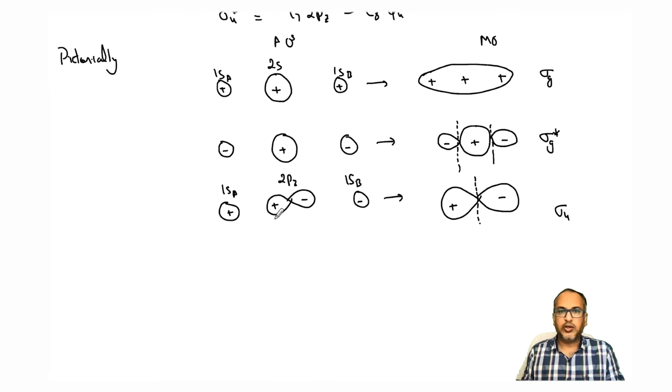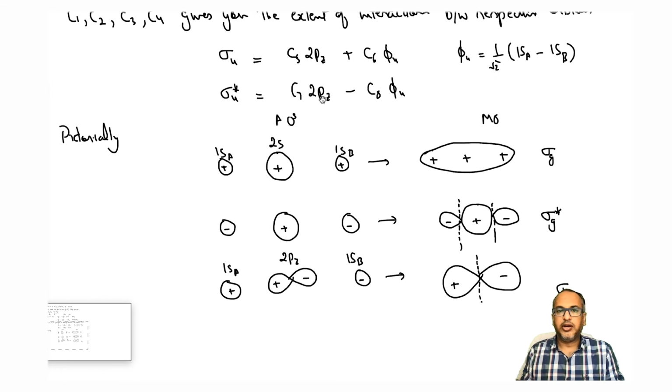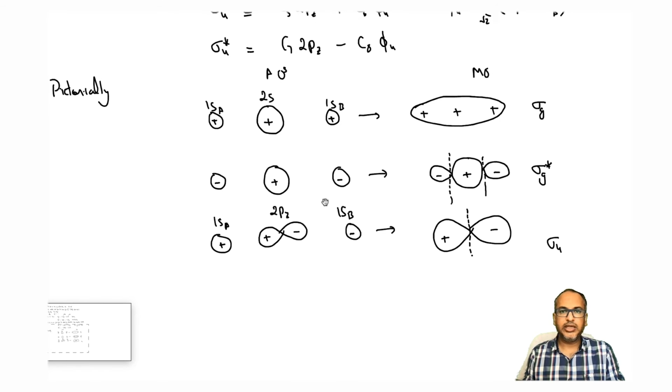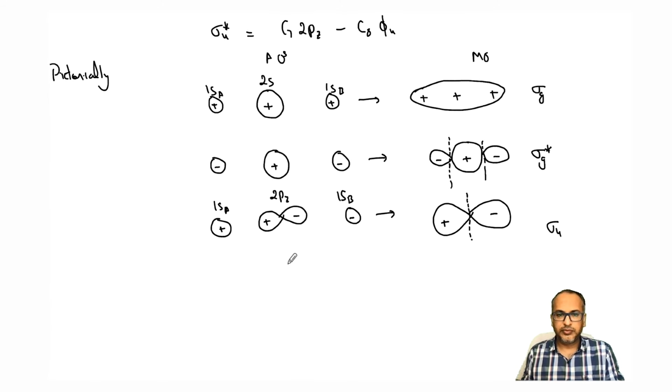All right. So now next one is sigma u star. So sigma u star, you see that 2pz remains the same, and then there is a negative sign for phi u. That means these two will go opposite in sign. Okay. Let's see how it works. So you have plus and minus. Now this side the negative will come, and this side positive will come.